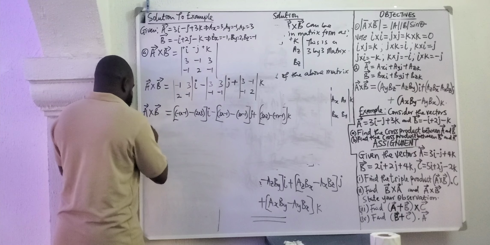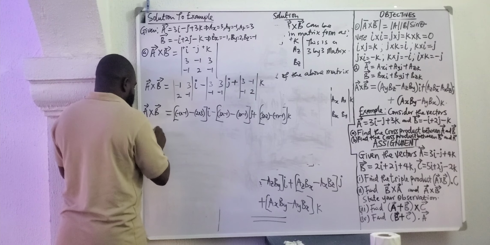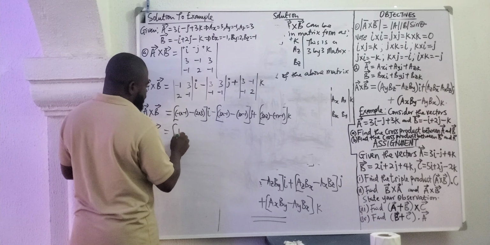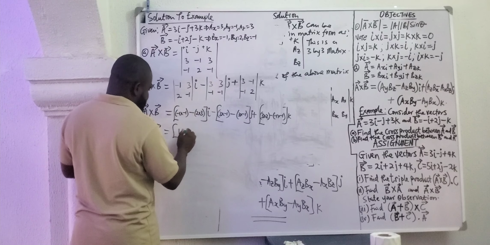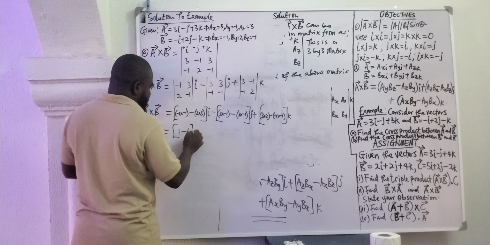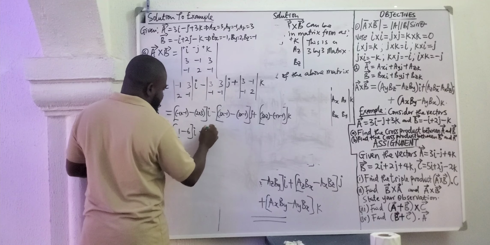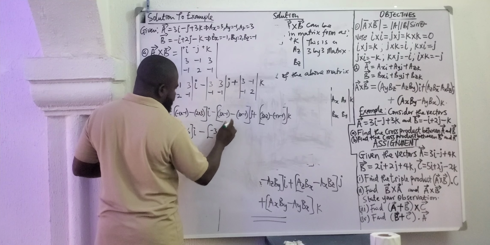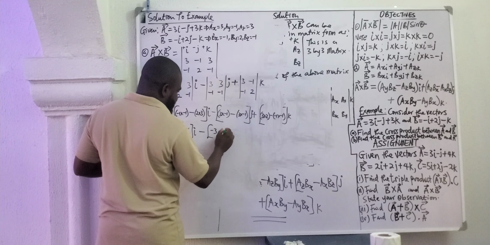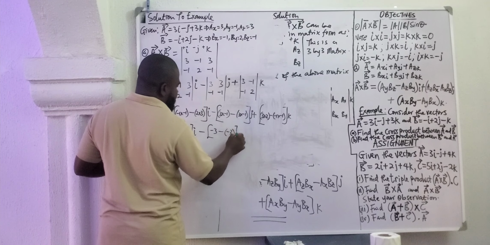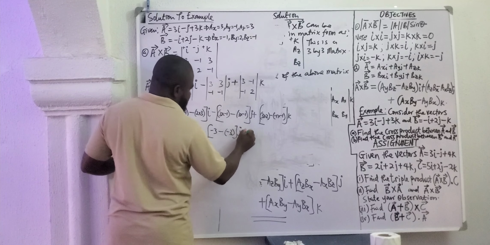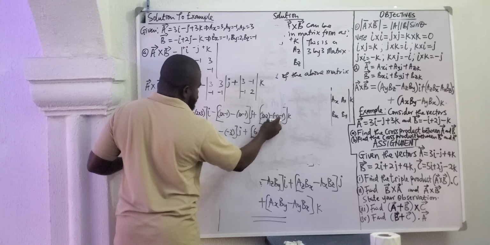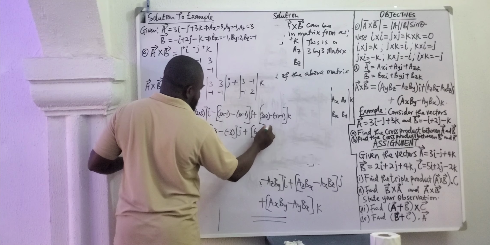That will give us A cross B to be equal to minus 1 times minus 1 is 1, minus 2 times 3 is 6, I, minus 3 times minus 1 minus 3, minus at the center 3 times minus 1 minus 3, multiply by J, plus 3 times 2 is 6, minus 1 times minus 1 is 1.